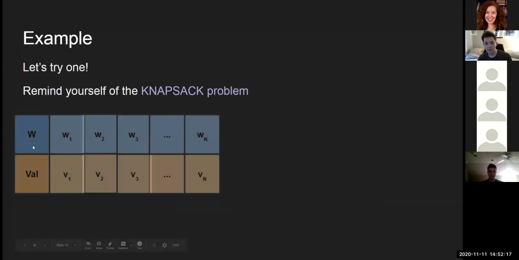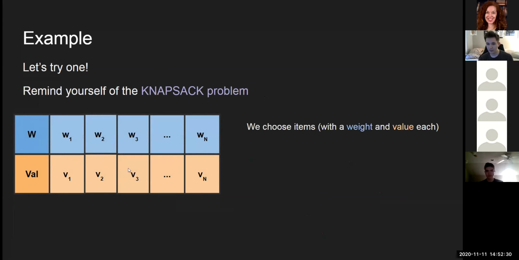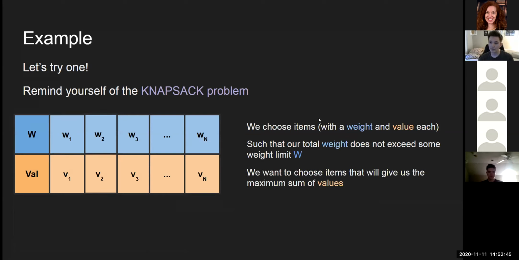The knapsack problem has weights W1 through Wn and values V1 through Vn, and we are trying to choose items, which each have a weight and a value, such that the total weight does not exceed some upper threshold, some weight limit W. What we want to do is choose the items that will maximize our value. So we want to pick the most valuable items without going over our weight. That's the knapsack problem, I'm sure you all recall.